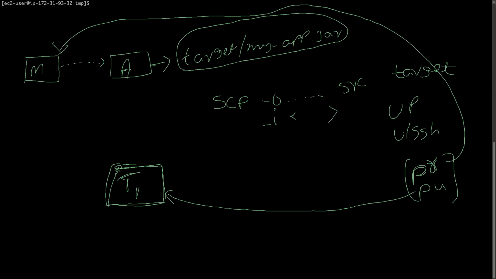To provide that -i and key parameter, Jenkins' way of doing it is ssh-agent. That is a plugin available, right? Similarly, we have seen it in Git. If we want to clone the repository, we do git clone on our laptop, but Jenkins' way of doing it is different, right? The same way, we need to use ssh-agent now.